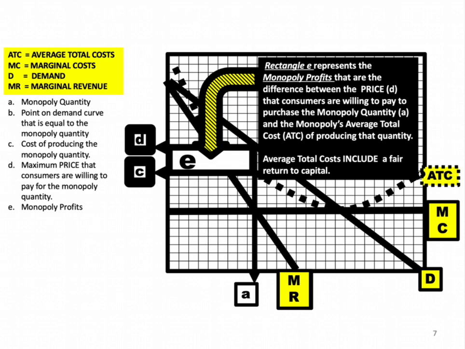But it wants to charge the maximum price that it can, okay? And when it produces at that level, its price is so much above its average total cost for producing that quantity that we end up with excessive profit. And remember, we said that when we compute that average total cost, it actually includes a fair return to capital. In other words, a fair return to the investors.